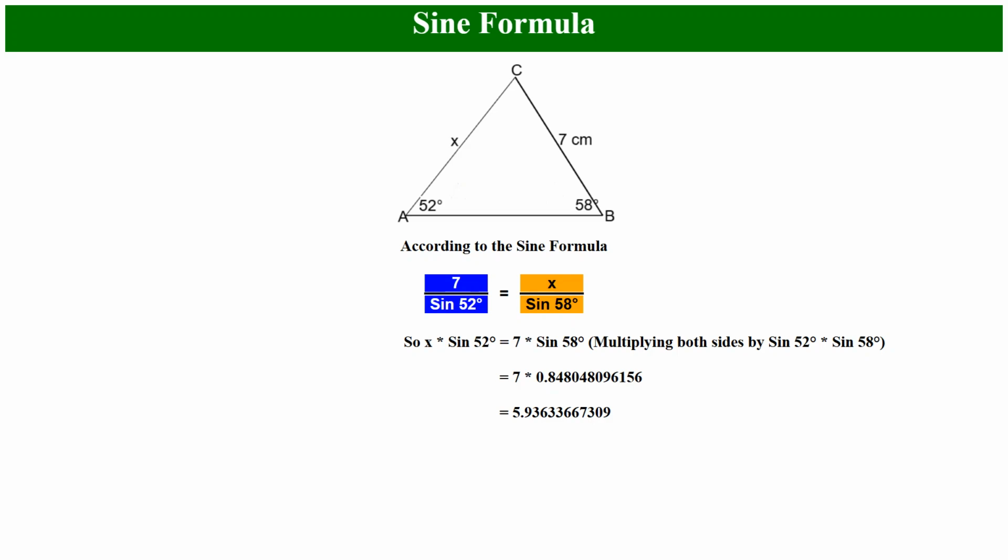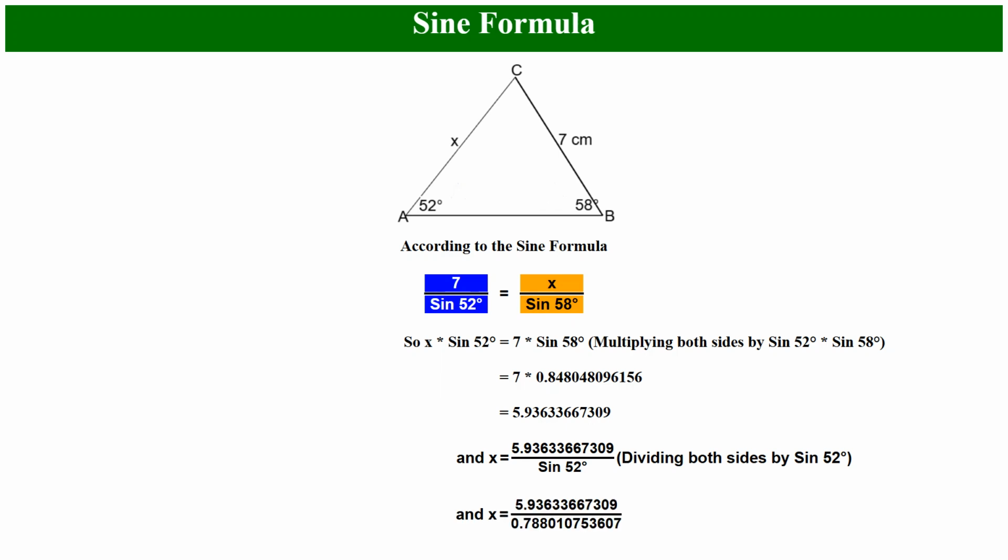Well, we need to divide both sides by sine 52 degrees. So we get this. And again, we can look up sine 52 degrees on a calculator. It's that. And doing that division on a calculator, we find that x is 7.533 centimeters, correct to 4 significant figures.